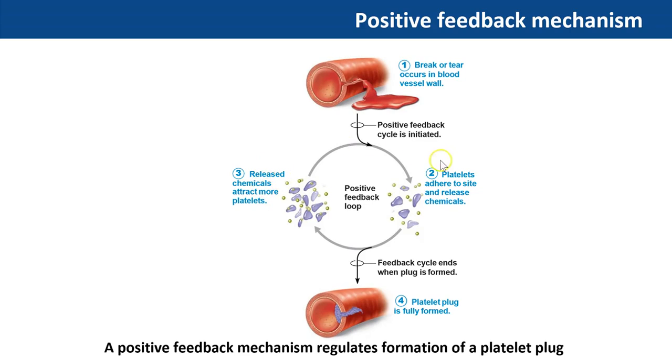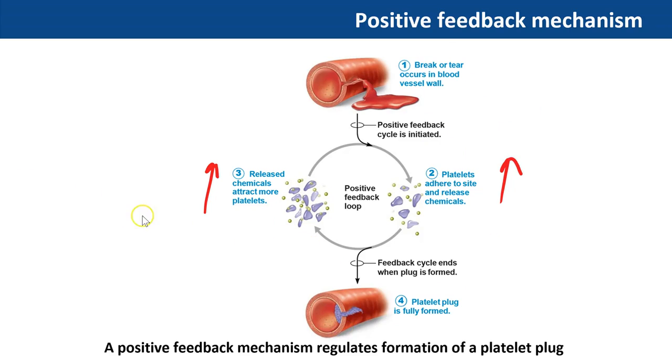So here, look at this. The stimulus is increasing platelets and the response is also increasing platelets. So you can see that the stimulus and the response, both of them proceed in the same direction. And finally, we can get the platelet plaque formed. This is the definition of positive feedback mechanism.